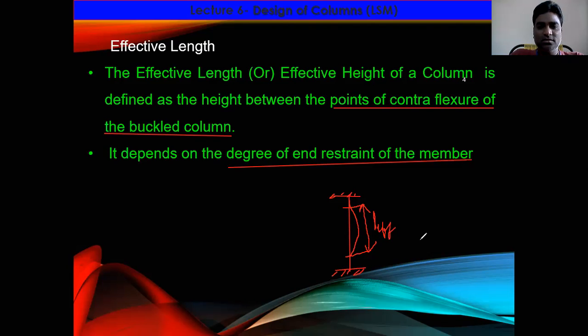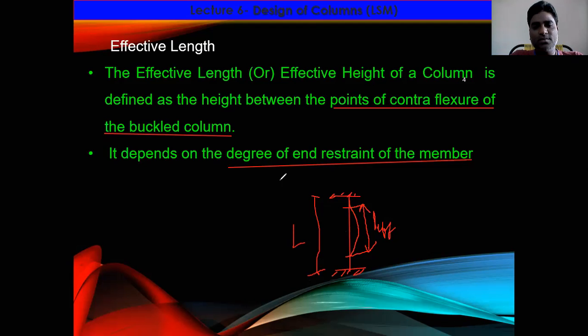The actual length is from here to here, which is the actual length or actual height of the column, but the effective length is the distance between the two contraflexure points, where the moment is zero.